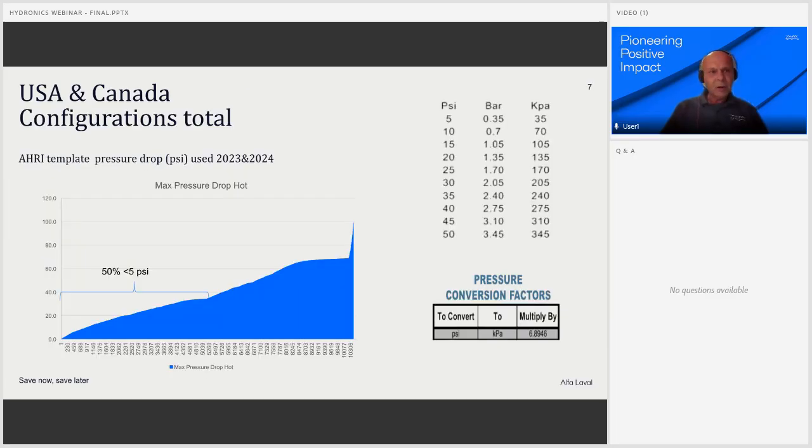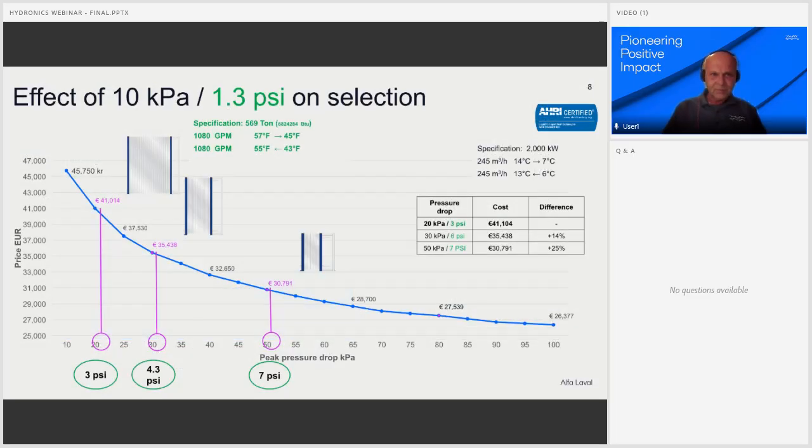Of all those calculations, in 50% of the cases, the pressure drop is less than 5 psi. If there is a specification, in this case let's say a design pressure drop of 3 psi, we can see an investment level of 41,000 euros or dollars.